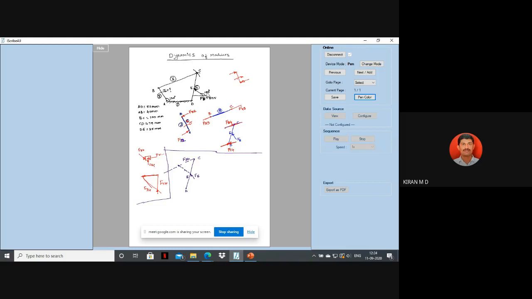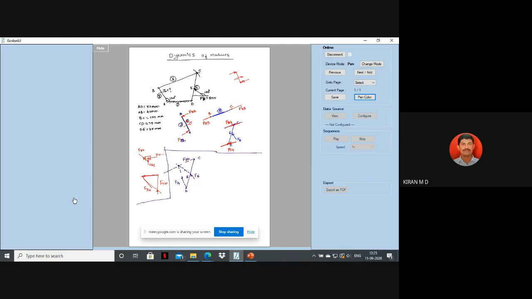So you will get the intersection point, right? You draw the line from that point to D. This is the actual direction of F14. It will come at a bit lower angle, since I didn't use the scale. I'm getting it like this, but it will come this way. Is it clear? Yes, sir. Now I got this direction of F14.